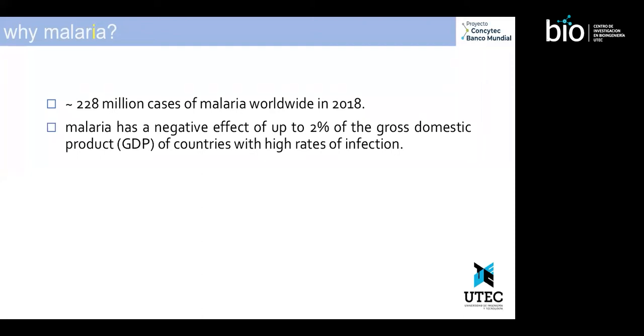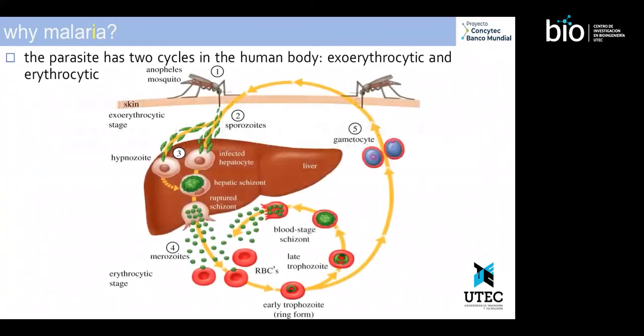So that doesn't only affect people from a disease point of view, but also it has some negative effect on the gross domestic product with countries who have very high infection rates. So this is the parasite, the malaria parasites.